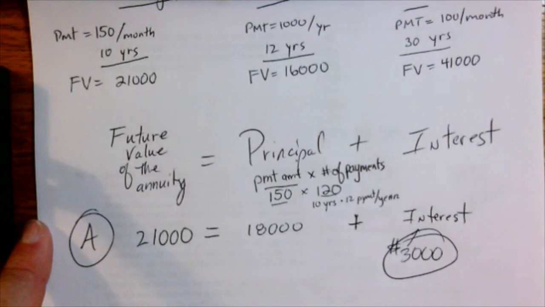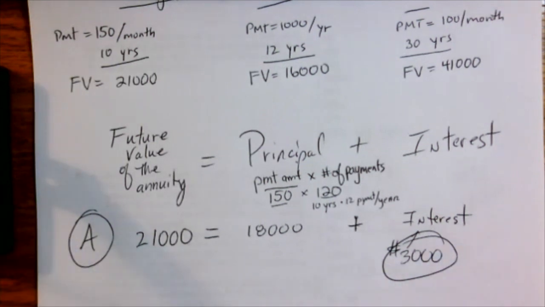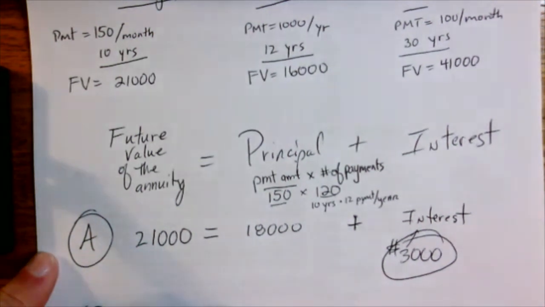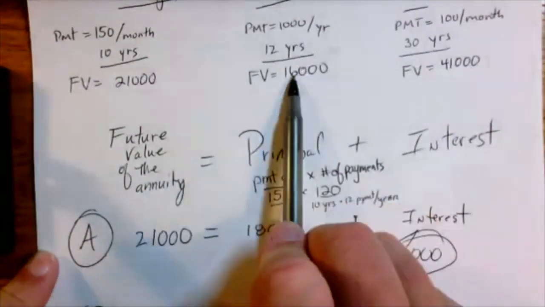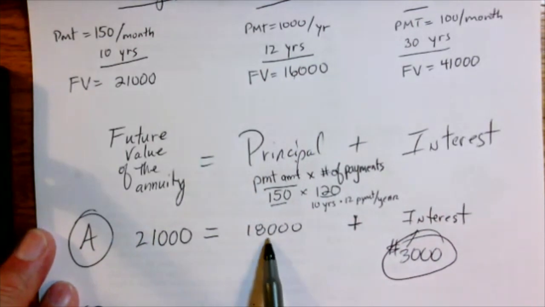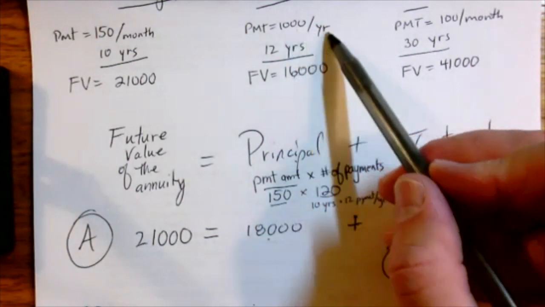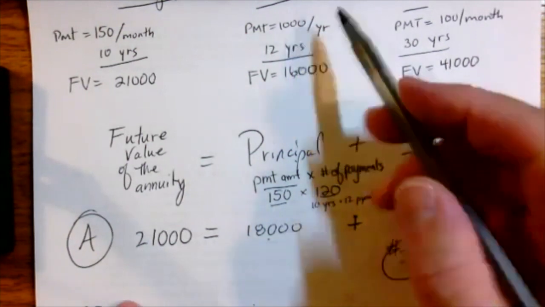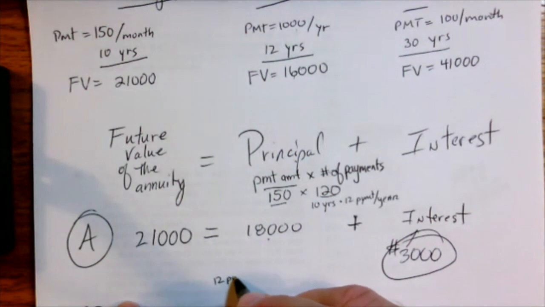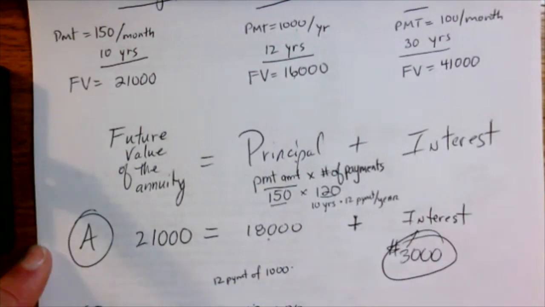We do something similar for B and for C, and then we compare the interest in each case. So B, we have $16,000 as the future value, and that's equal to, all right, in this one we're making one payment per year of $1,000. So we're making 12 payments of $1,000, so that's $12,000 that we would contribute.